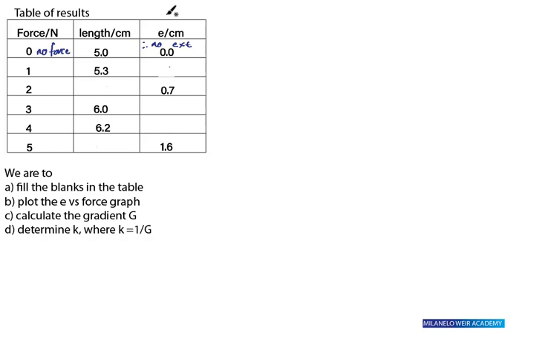Therefore the spring, or whatever elastic material, is at its original length, which is the natural length. We denote it by L naught, which is 5.0 centimeters. And remember this formula: the new length L is equal to L naught plus extension. Then E can be determined from this.